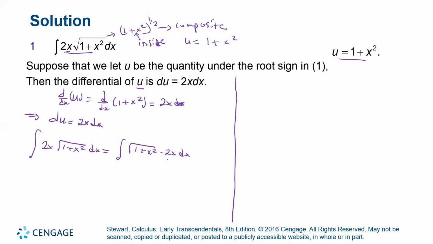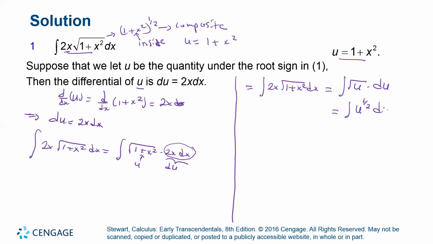In terms of u, the inside is my u and 2x dx is my du, so the whole thing becomes the integral of the square root of u du, which is the integral of u raised to 1/2 du.